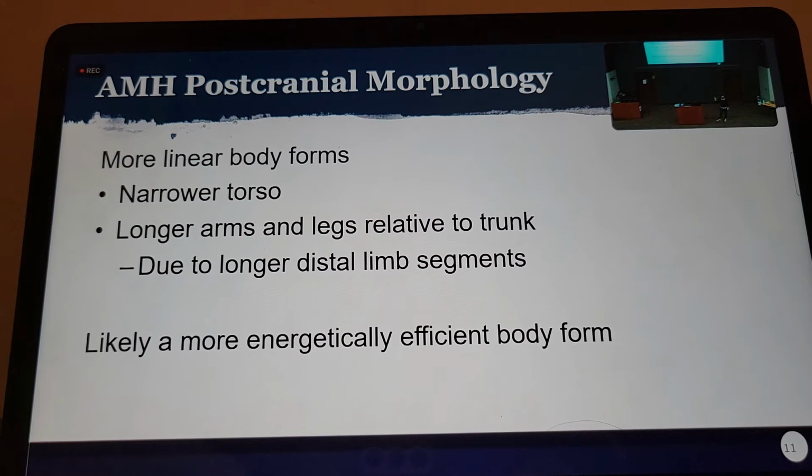This is likely a more energetically efficient body form. This more linear body form needs a little less energy to go out and do the things it needs to do, hunting.